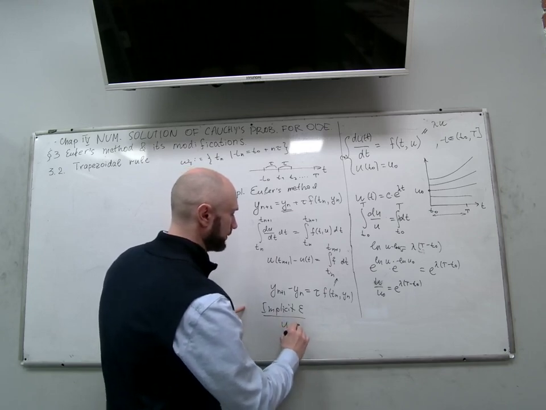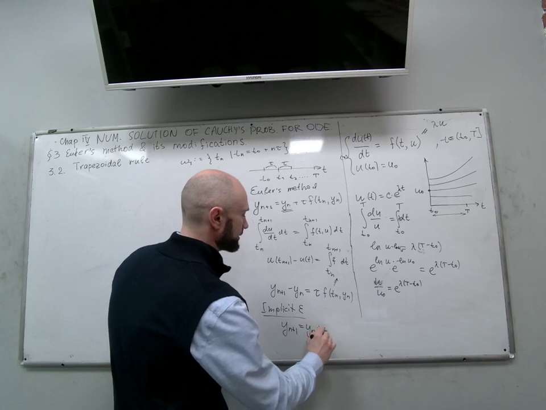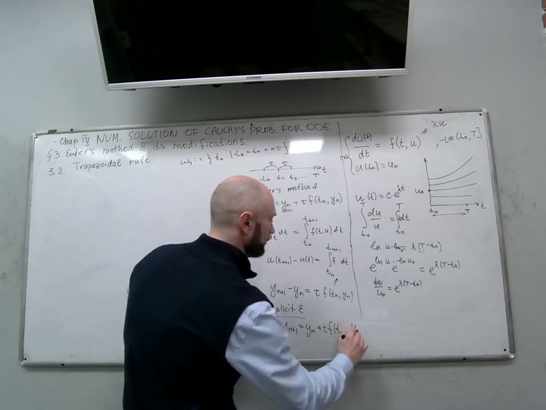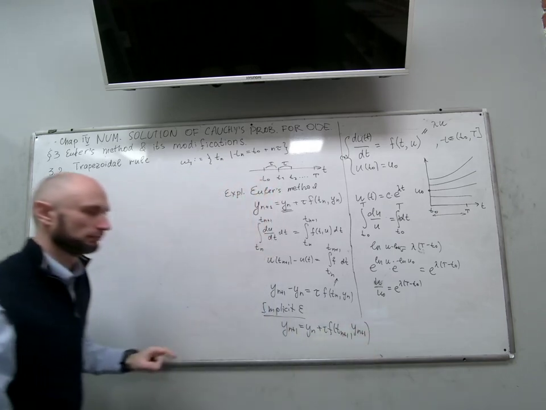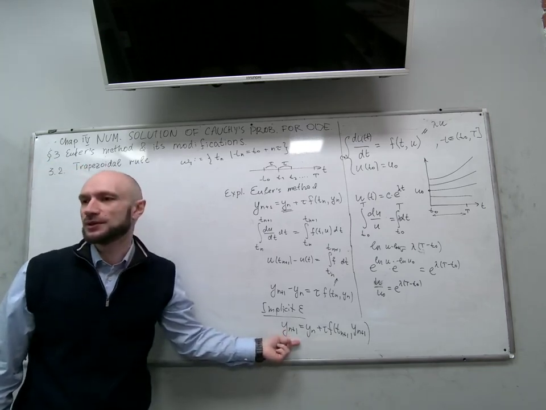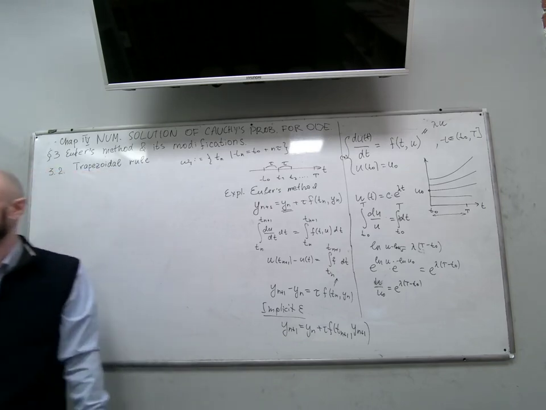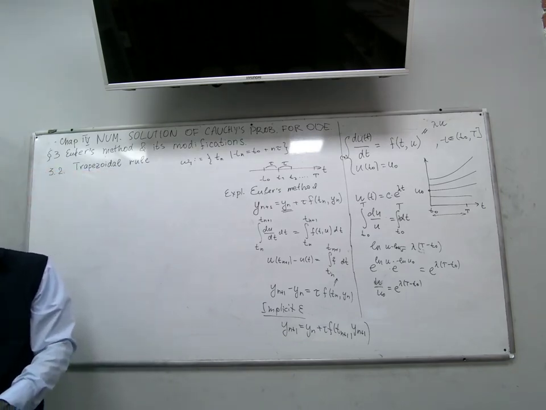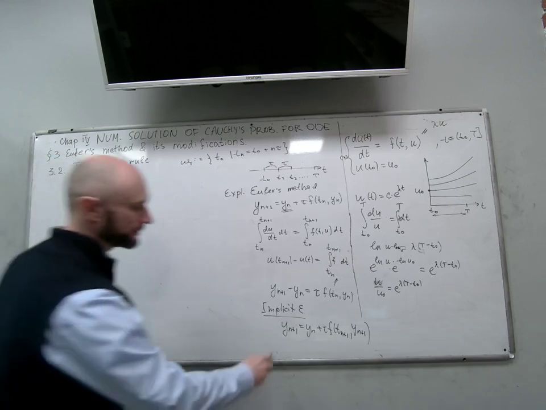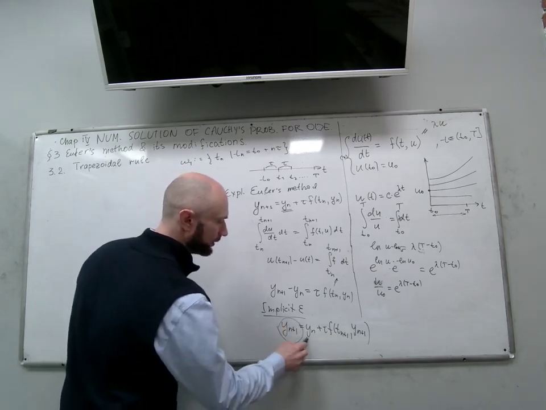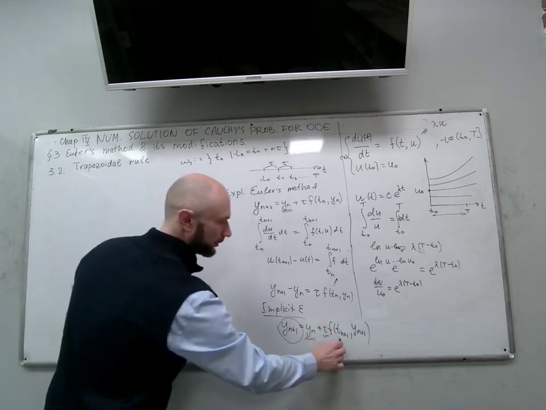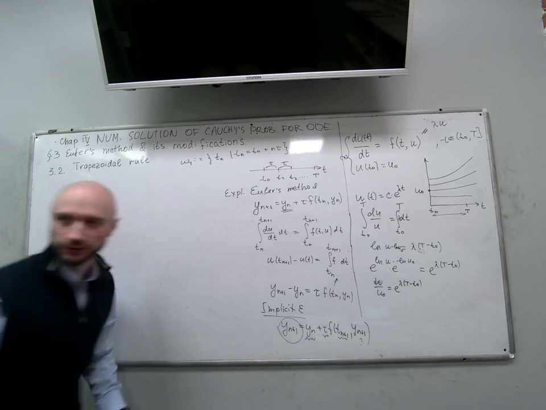yn plus 1 equals yn plus tau f of tn plus 1, yn plus 1. Can you use this formula to get yn plus 1? How? If you want to know this guy, and you already know this guy, and you can calculate this guy, but you cannot calculate this guy.